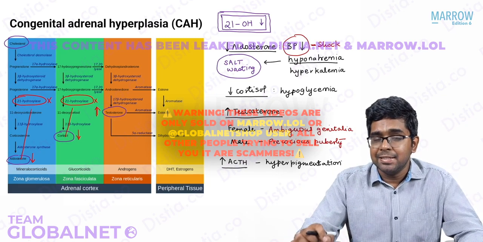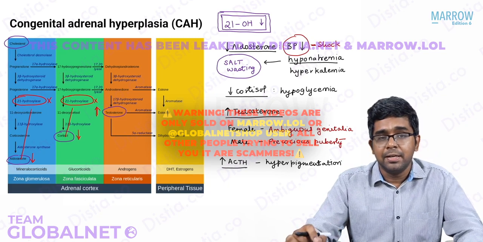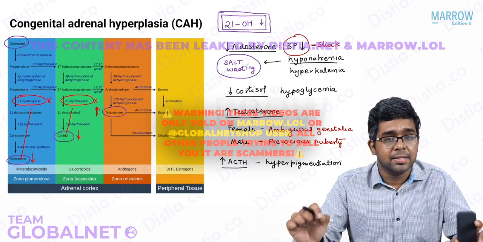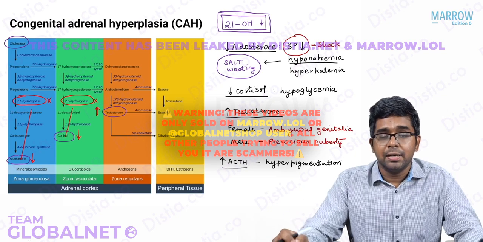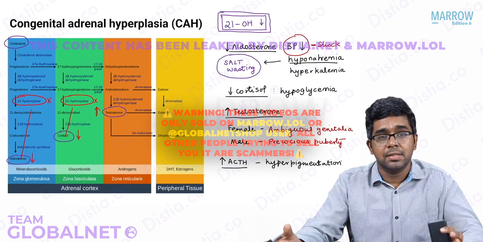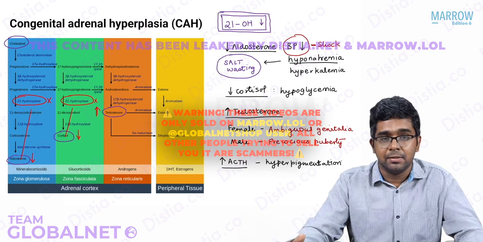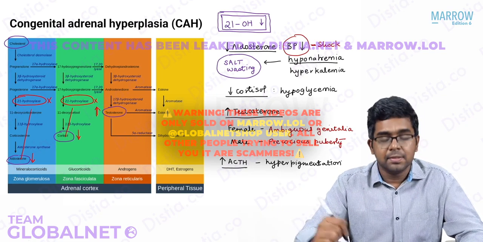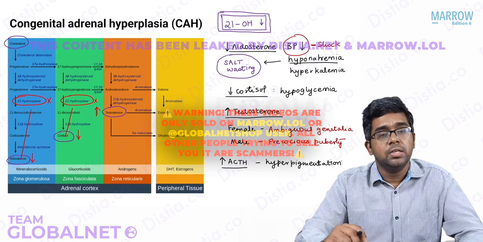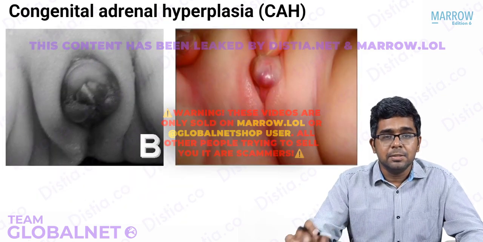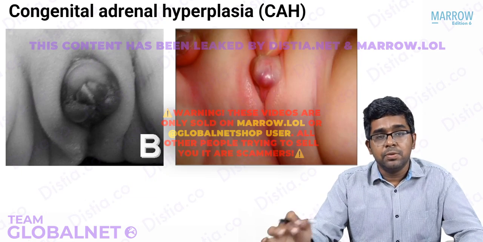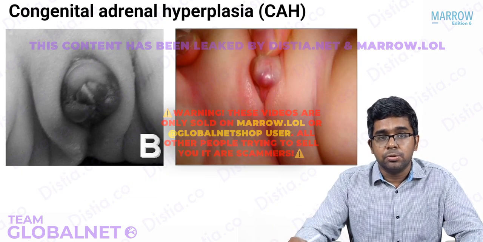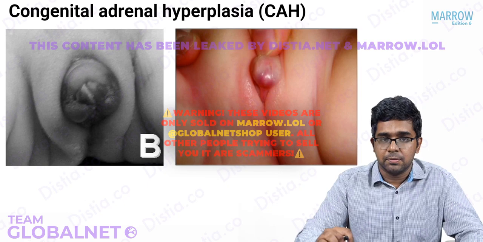It is because ACTH has a similarity to MSH or melanocyte stimulating hormone. So high levels of ACTH would also result in increased production of melanin, which contributes to hyperpigmentation in these cases. So these are the classical features of 21 hydroxylase deficiency. This picture depicts the ambiguous genitalia in a female child due to 21 hydroxylase deficiency.